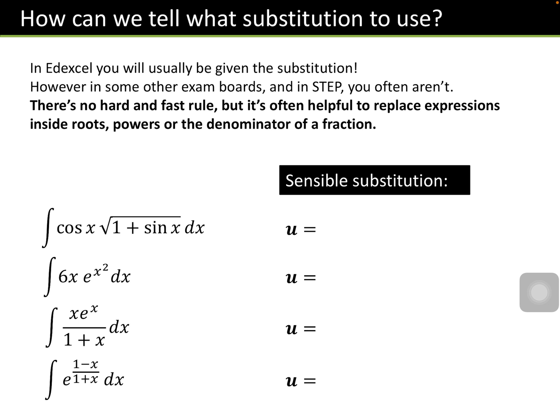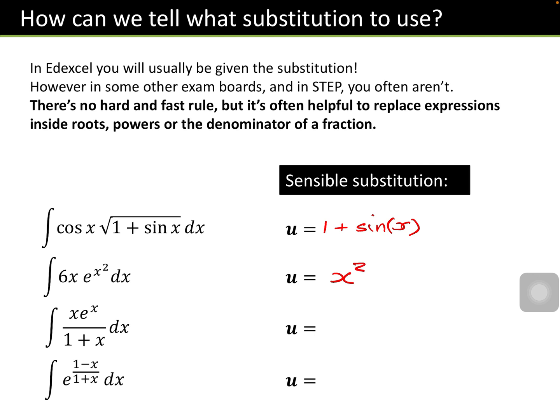So, for example, for cos x root 1 plus sin x, the sensible substitution would be u equals 1 plus sin x. So then we would end up using root u instead. For 6x, lots of e to the x squared, we want to get rid of that power from e. So we will make u equal x squared.